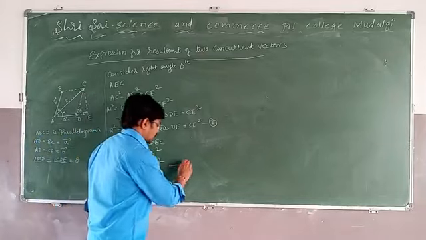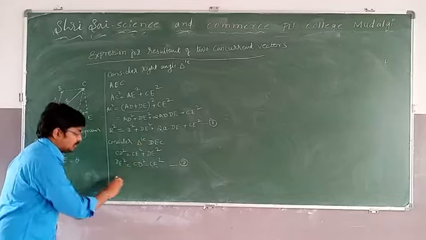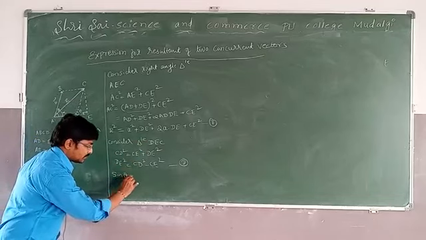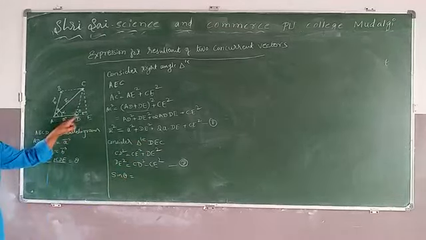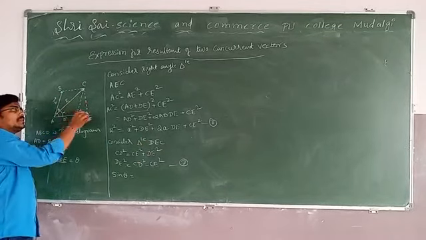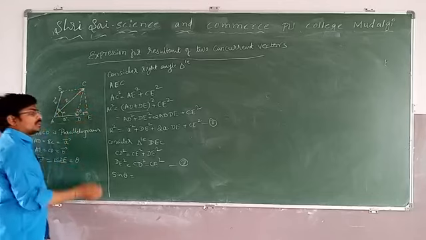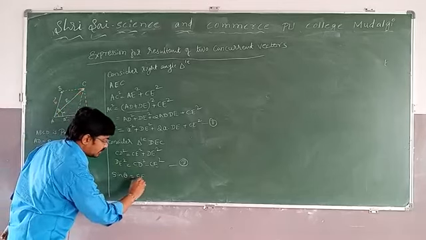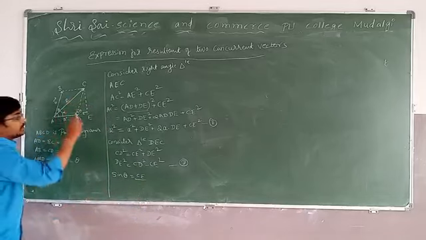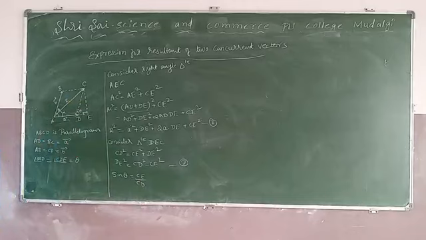Next, one more thing. In the same triangle DEC, sin theta is equal to opposite side by hypotenuse. Opposite side is CE divided by CD.